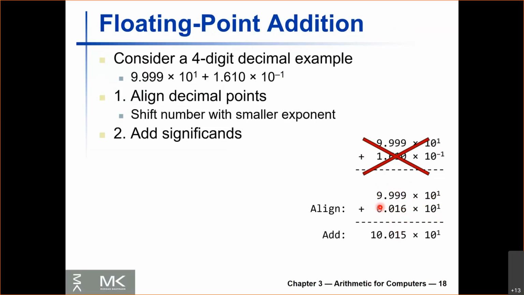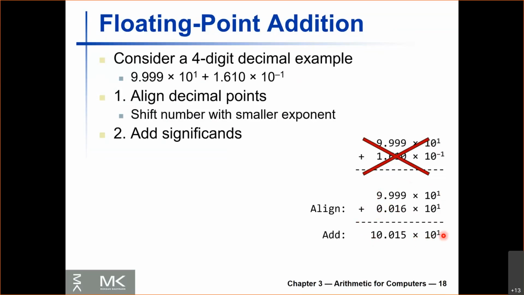Then 9 plus 1 is 10, so I'm going to have a 10 over here, and I will carry down this exponent. Okay, so the first step is to align my two numbers by shifting the number with a smaller exponent, and the second step is to add the two significands. We get this result, and the exponent remains the same.